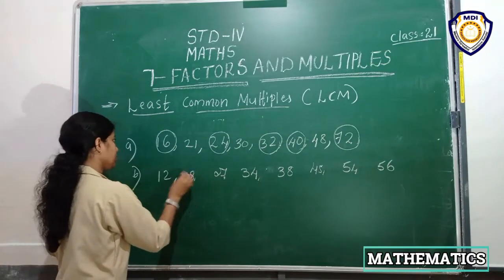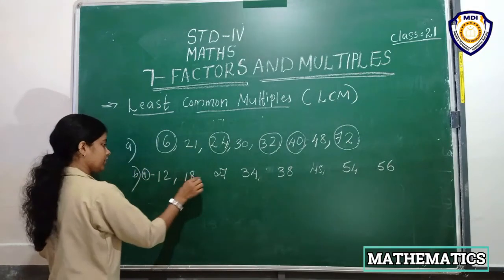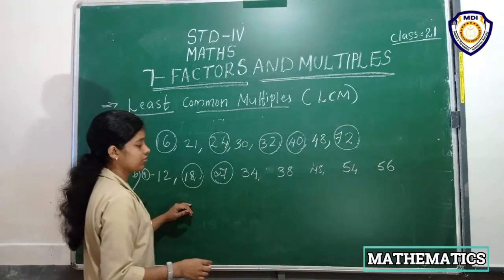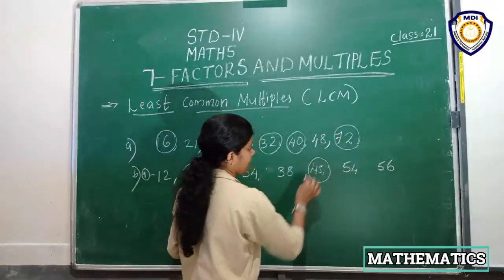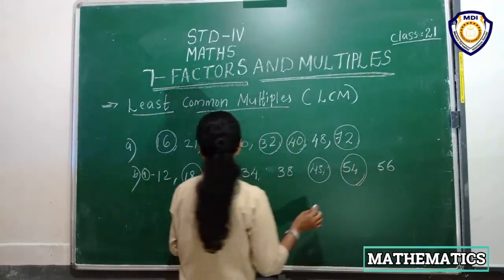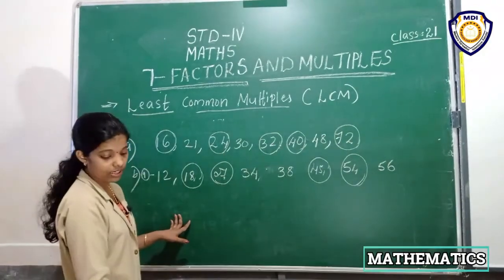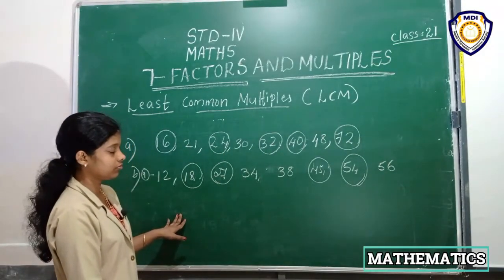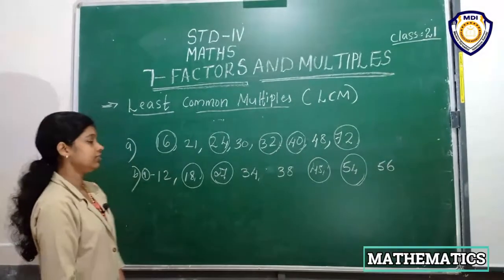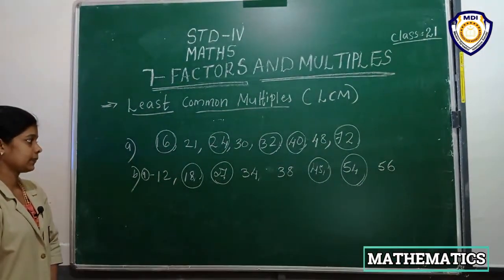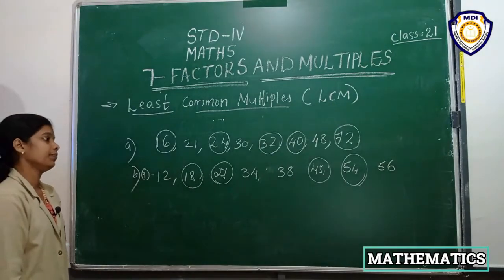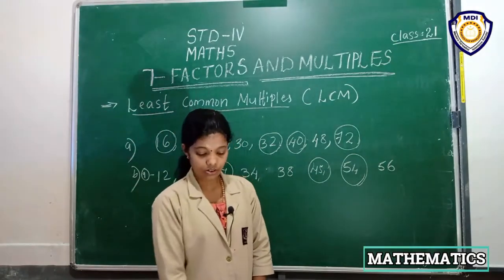Multiples of 9: 18, 27, 45 and 54. Circle 18, 27, 45 and 54. Okay, dear students, remaining are your homework.